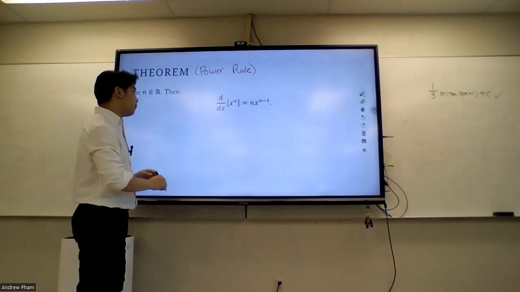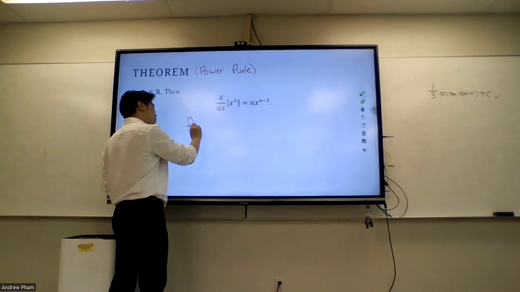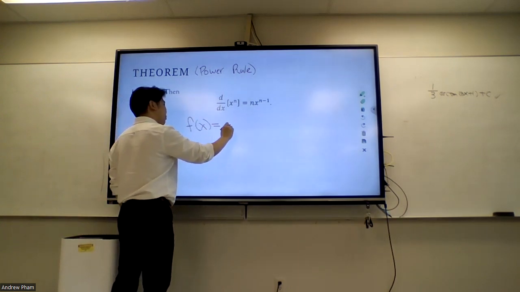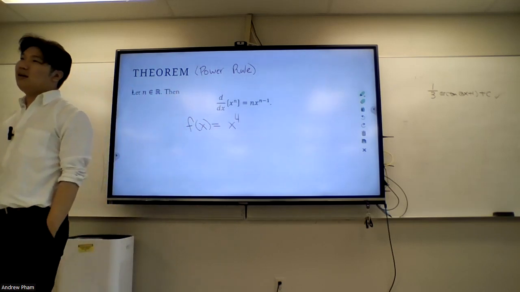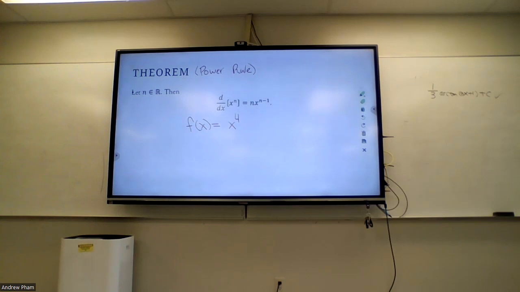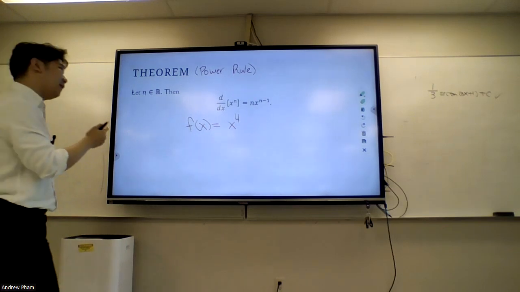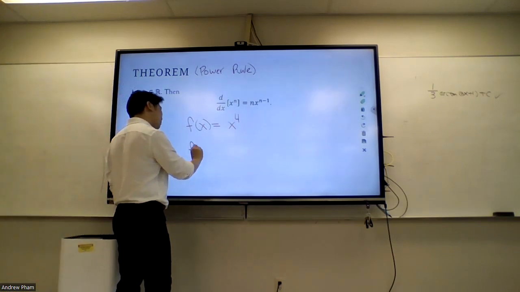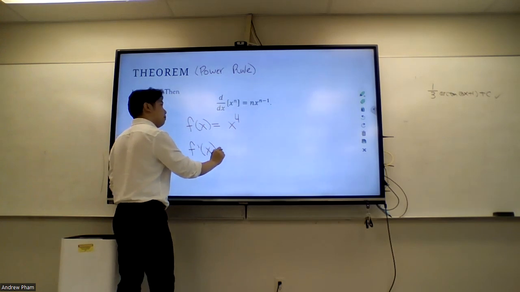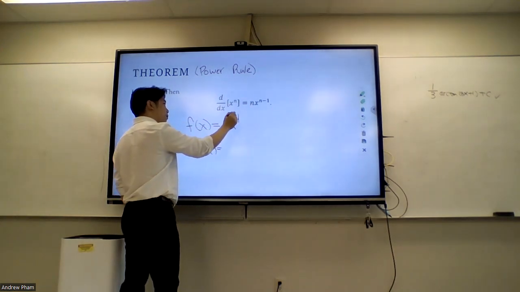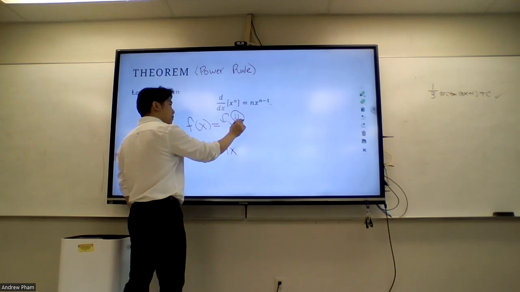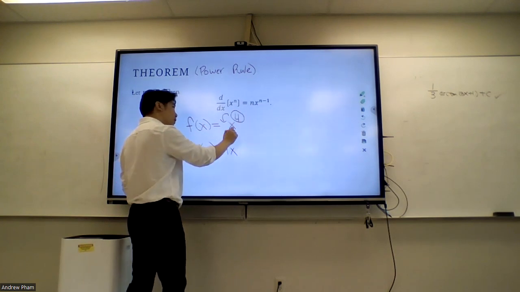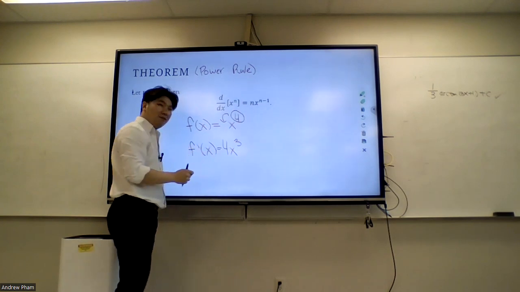For example, let's say I had f of x is equal to x to the 4th power. The power rule tells us that the derivative of this function, f prime, is I drop down the power. So I take this 4 and bring it down to give me 4x, and then reduce the power by 1. So 4 minus 1, we get 3.